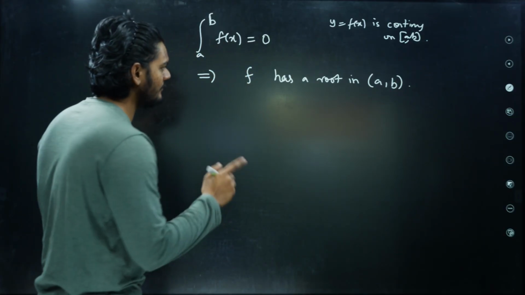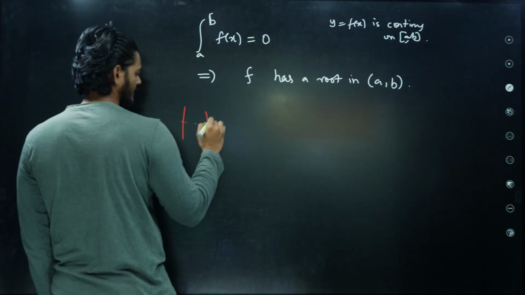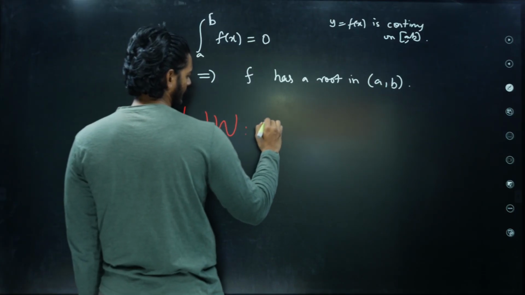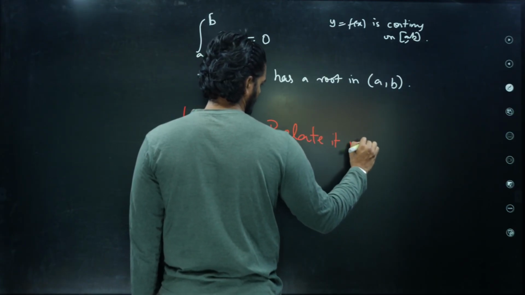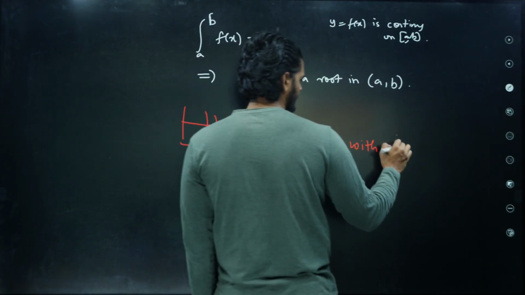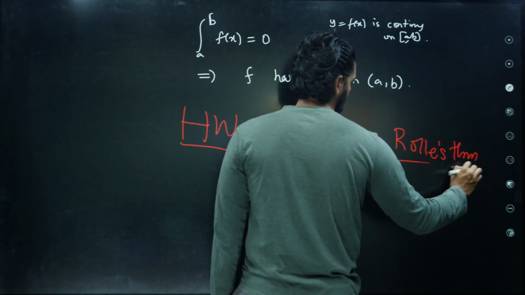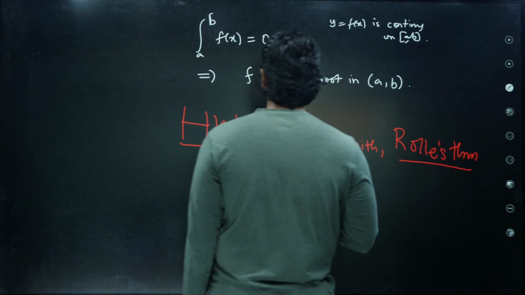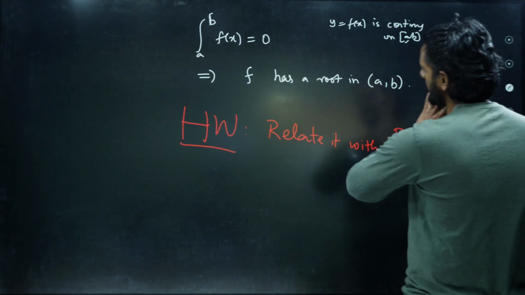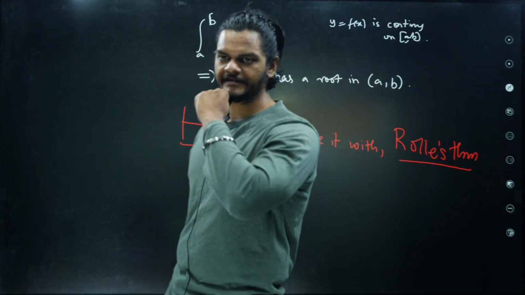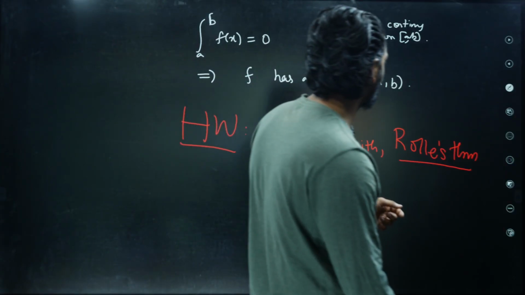Now I want you to relate this with, this is homework, relate it with what is that called? Rolle's theorem. This is very, very important. So if the integral of a continuous function is 0, then it must have a root in (a, b). Right? It has at least one root in the open interval (a, b).